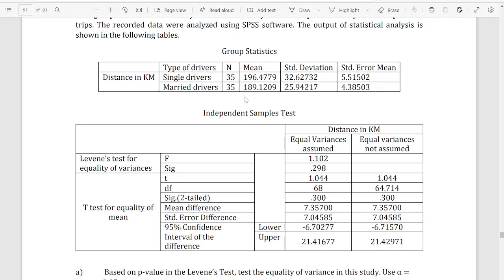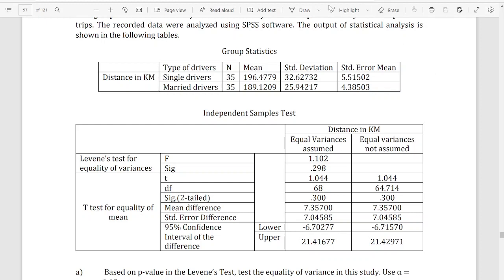The first table give you the group statistics, where you have all the number of samples, the sample size, and also the mean value, the standard deviation, and the standard error mean. Okay, so how do you get the standard error mean over here? So just a revision. So to get the standard error, basically you just need to take the ratio of the standard deviation to the square root of n.